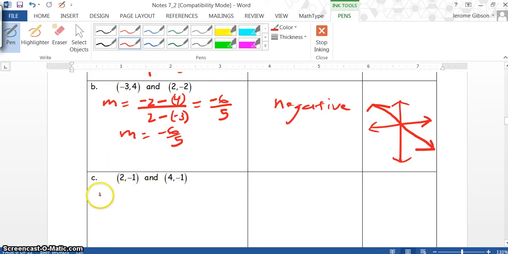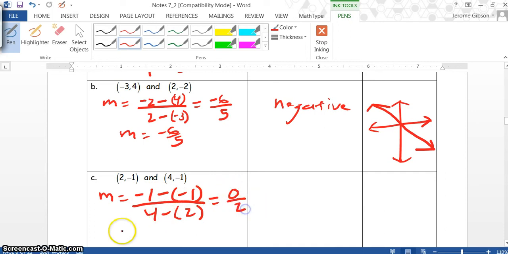Now we come here. Y sub 2 is negative 1 minus y sub 1, which is negative 1. X sub 2 is 4 minus x sub 1, which is 2. Negative 1 minus a negative 1 would give us 0. And 4 minus 2 is 2.